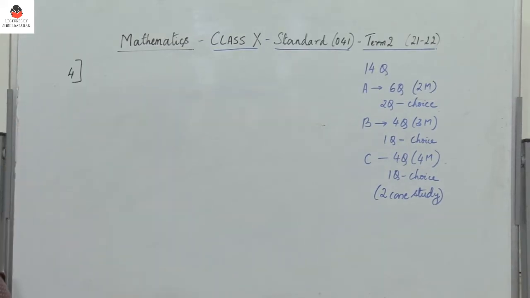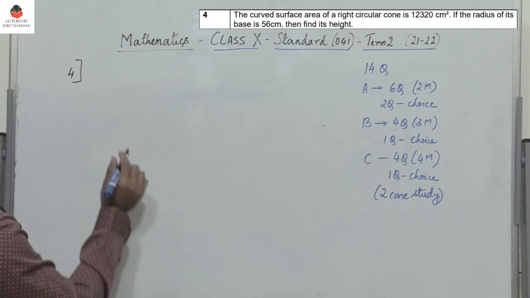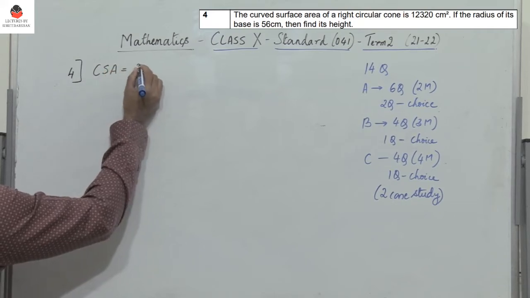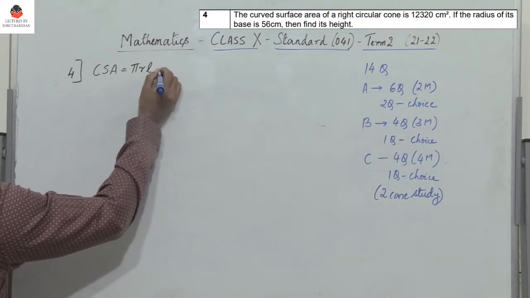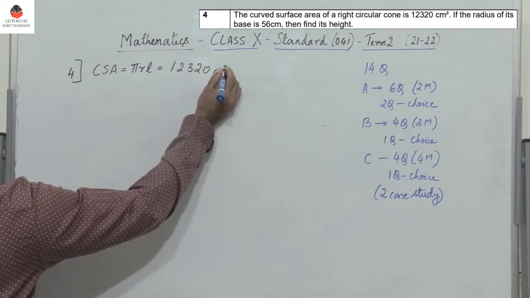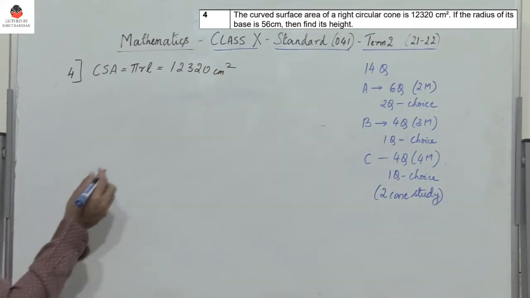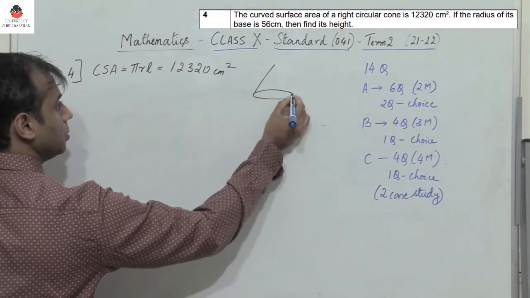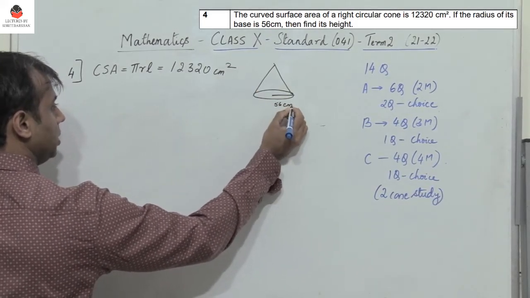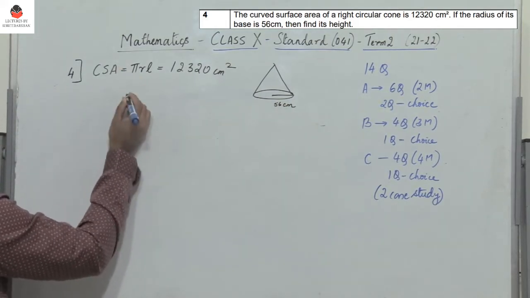The curved surface area of a right circular cone is 12320 centimeters square. So the curved surface area of a cone, which is nothing but pi RL, equals 12320 centimeters square, and it's been given that the radius of its base is 56. So you have a circular cone, so the radius of the base is 56 centimeters, and we know that the curved surface area is pi RL, so substitute the value.